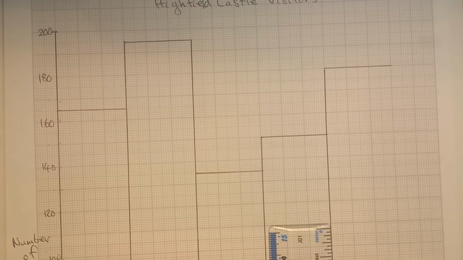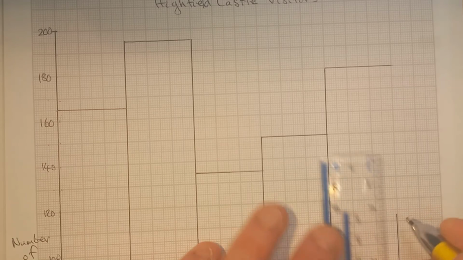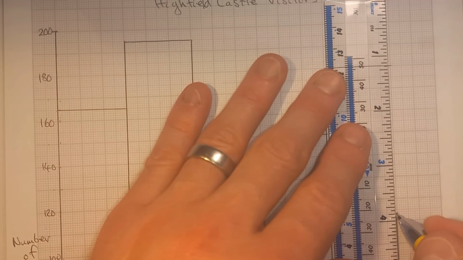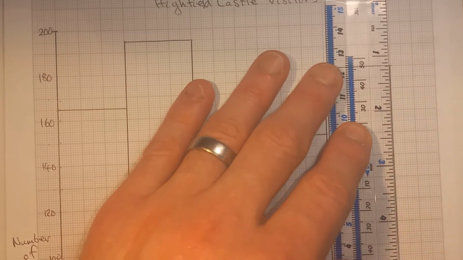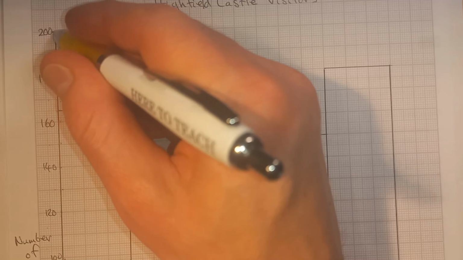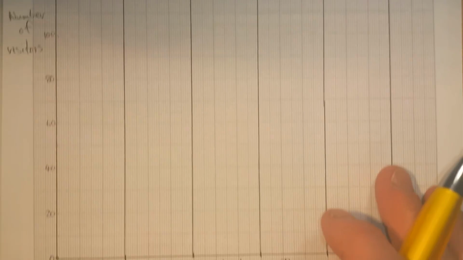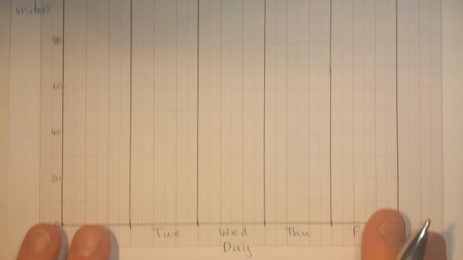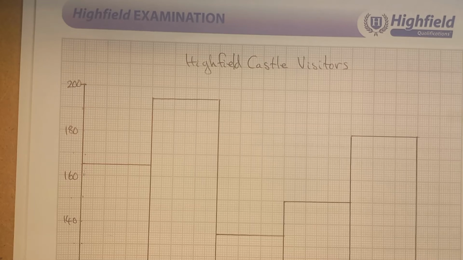Make sure your bars are all the same width though, as we've got here, and that your scale all goes up in the same amount. So here, every one of these boxes is worth 10 all the way down. Okay, so there's our graph. Done.